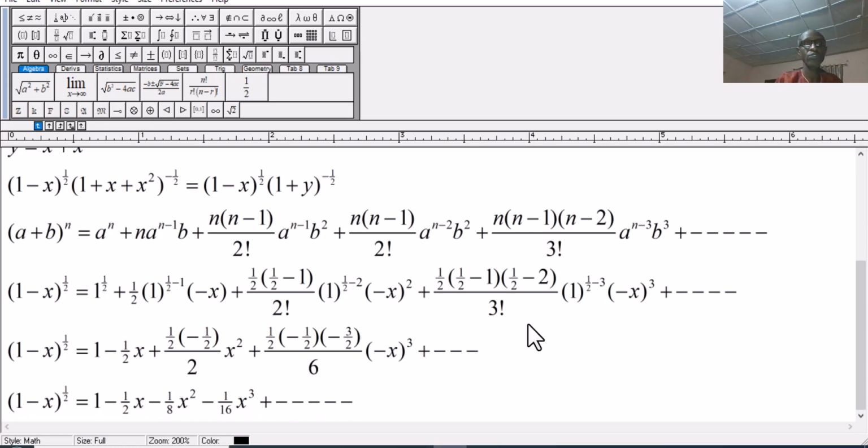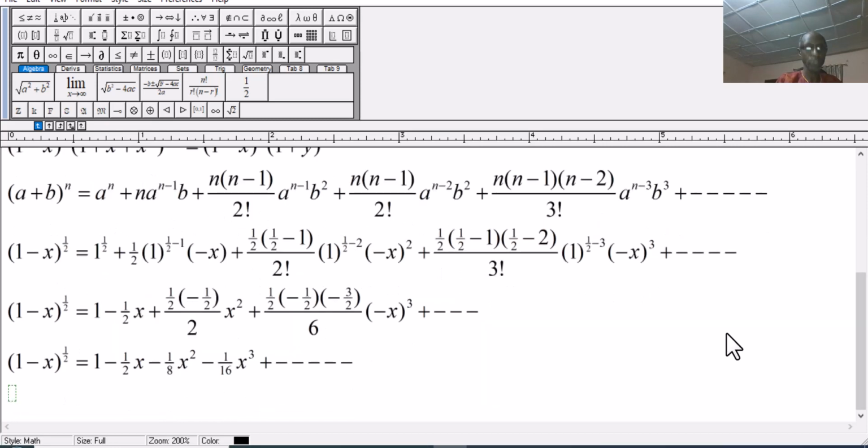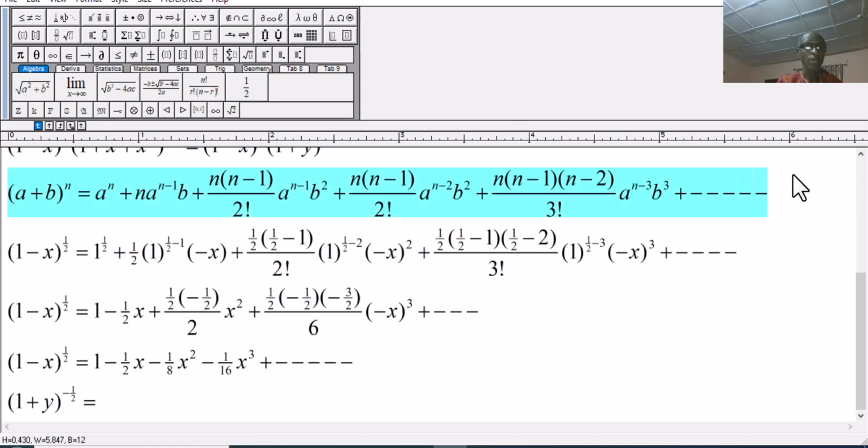So we need to move to the second one, and the second one is 1 plus y raised to the power of minus half. In this case, let's follow this formula again. I'm going to copy this again and follow along as I try to explain this.